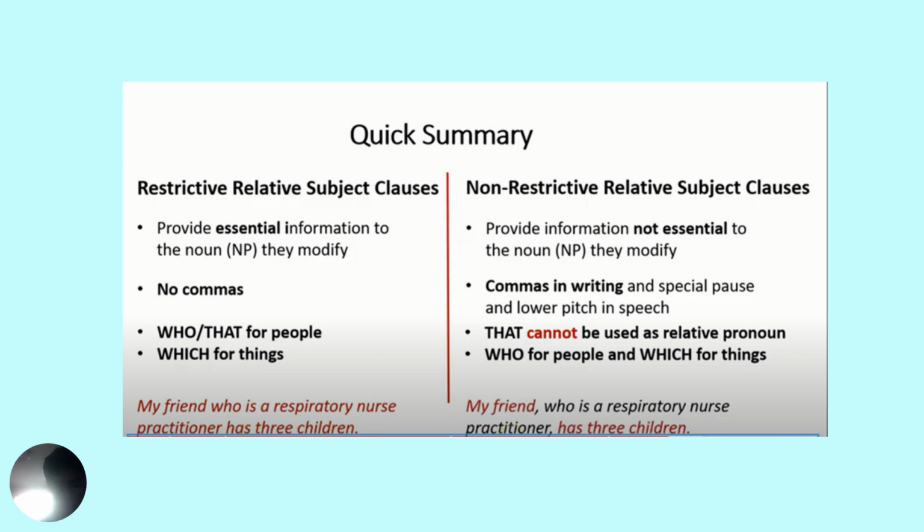In the non-restrictive relative subject clause I am merely saying: my friend, who is a respiratory nurse practitioner, has three children. My focus is on my friend having three children.